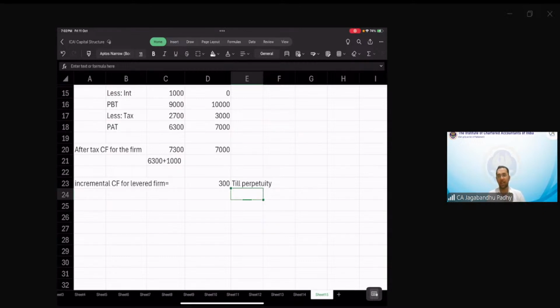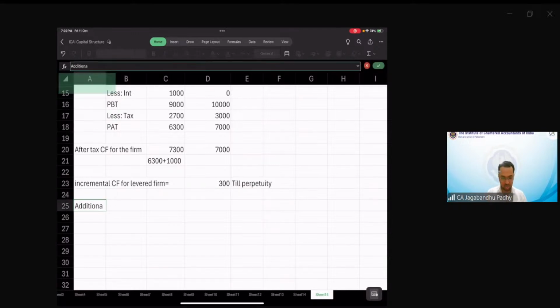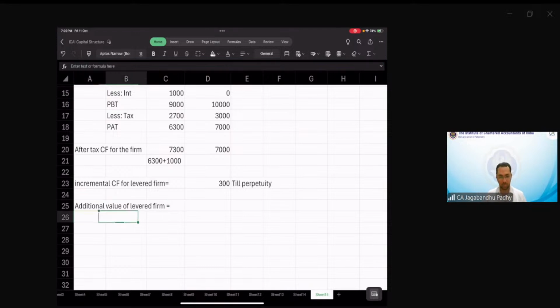So if our incremental cash flow is amounting to 300 till perpetuity, then in such a situation, what is the additional value of the levered firm?